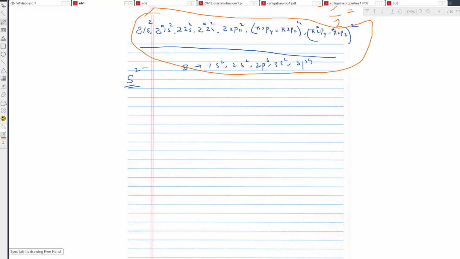Now for S2 negative, because I have two extra electrons, I'm going to write all of them as it is, but instead of 3p4, I'm putting 3p6. If it is positive, then you remove electrons. But this is not molecular orbital theory. This is a single atom. For a molecule, you need at least two atoms. Thank you for pointing that out to me.